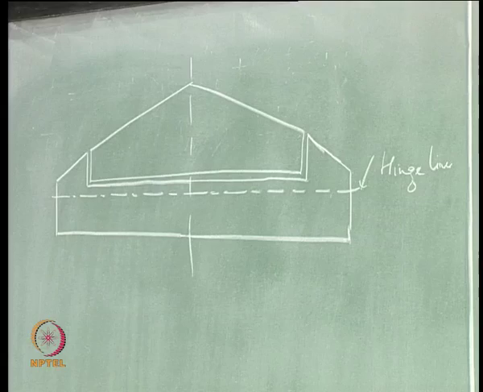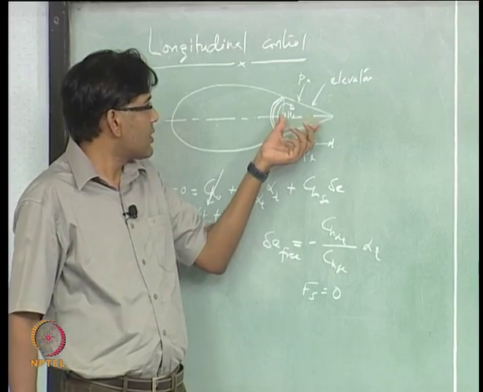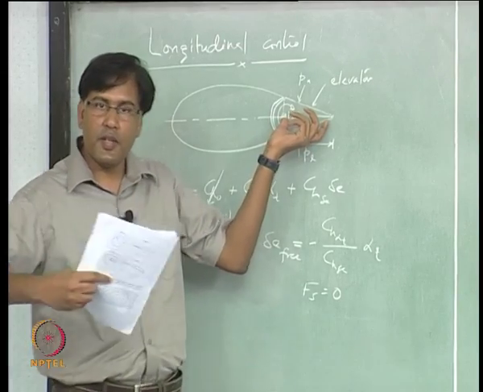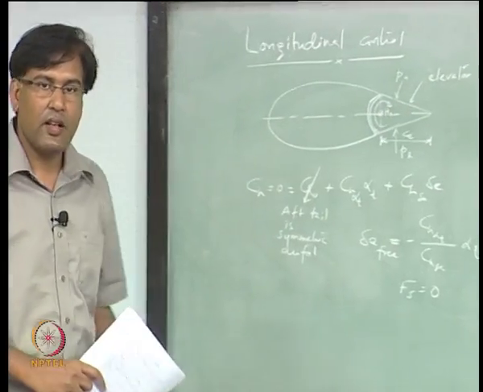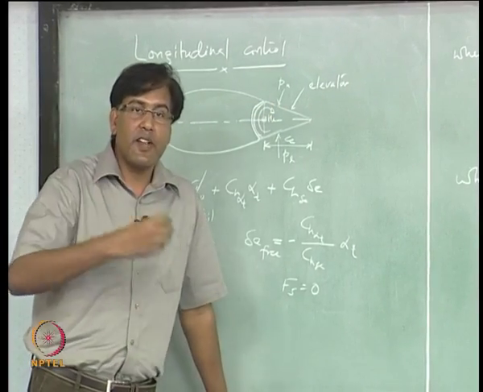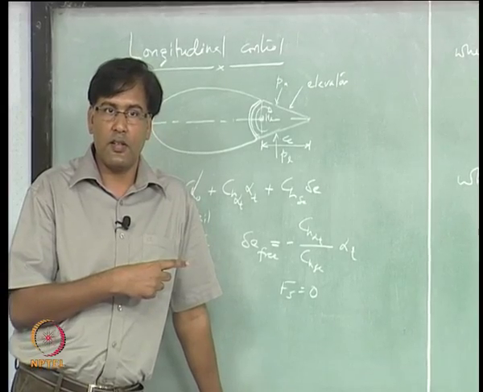So look at the aerodynamic moment that is being created is only because of the forces on this part, okay, the part behind the hinge line. What happens to this part? Now this is having a negative effect on the hinge moment, okay.